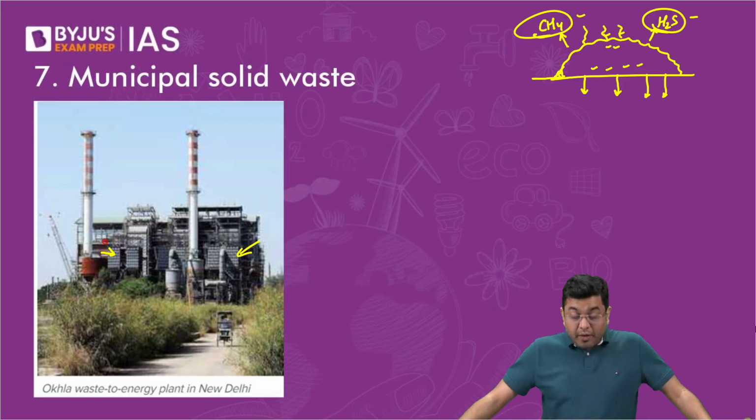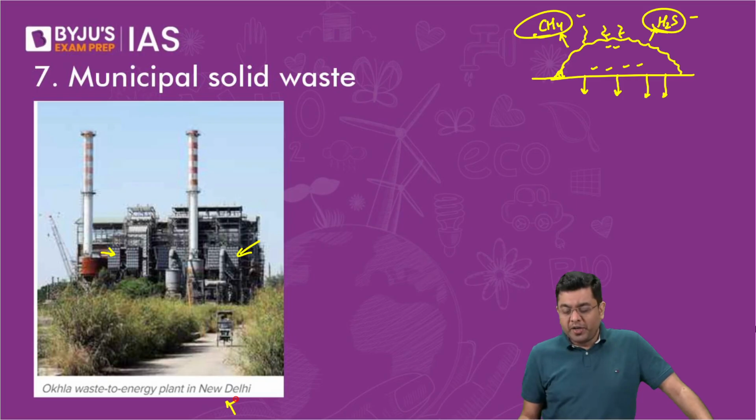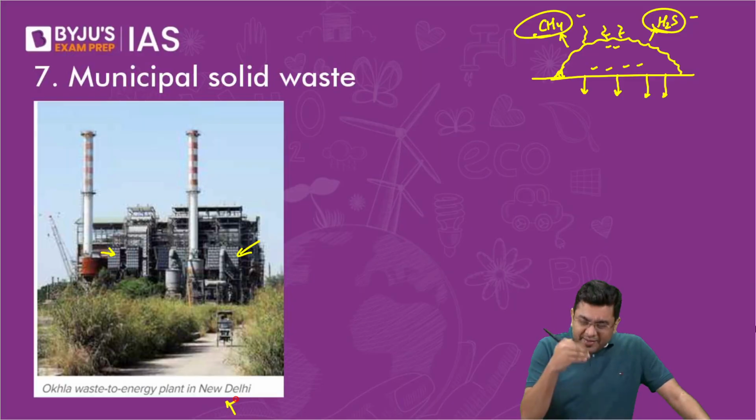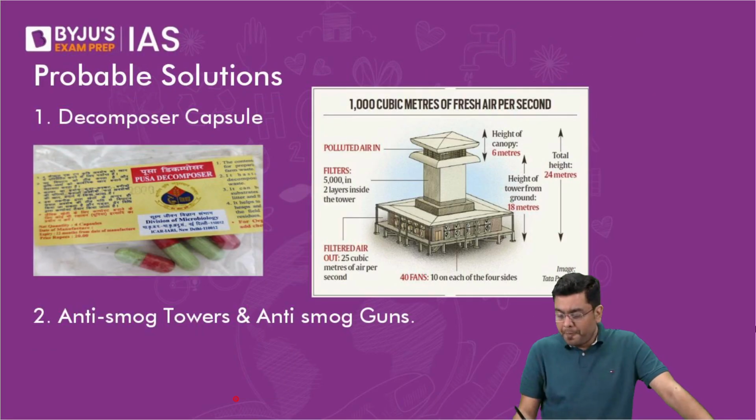But I highlighted this image of the Okhla waste-to-energy plant because that is a unique case, a kind of hilarious example. Maybe 10 years down the line, you'll be laughing at all this, at the kind of decisions that we have taken in the past. But this is what needs to be implemented going ahead into the future in a proper manner, not in a manner where the plant pollutes more. Okay.